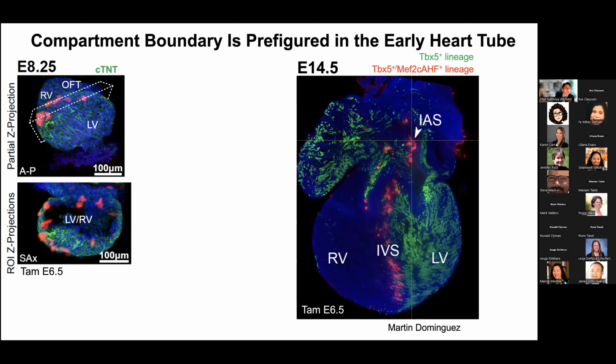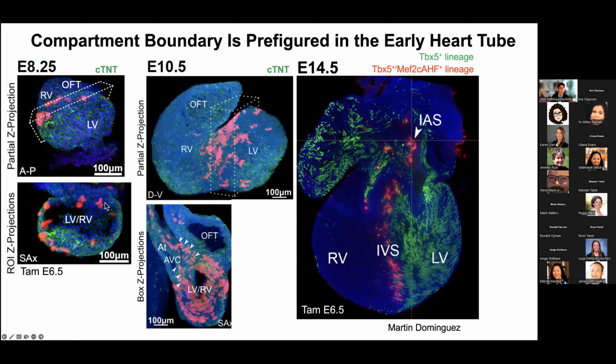And you can see that this double positive population, these same red cells, which are also in the interventricular septum, are already positioned between the future left ventricle and the future right ventricle. And it forms this really beautifully intricate ring, as you can see here in this short axis view.